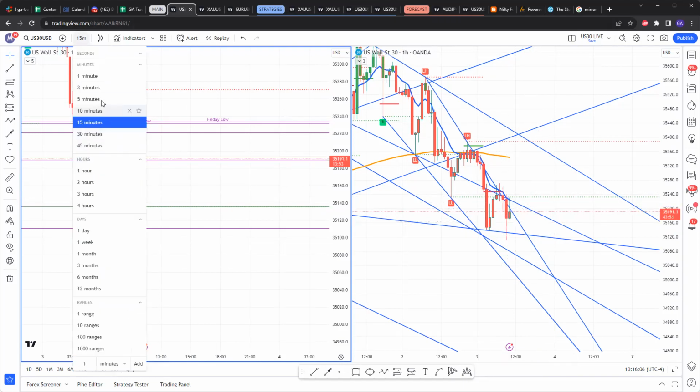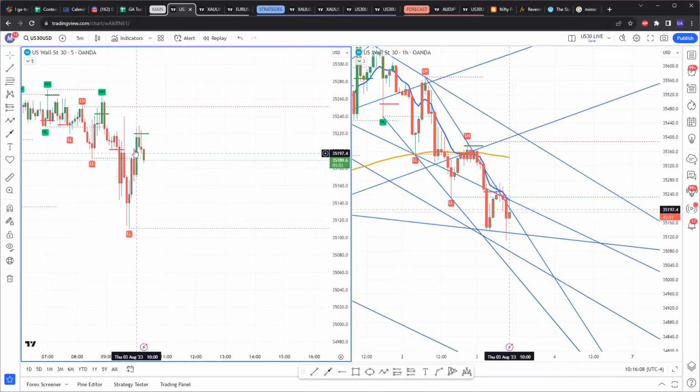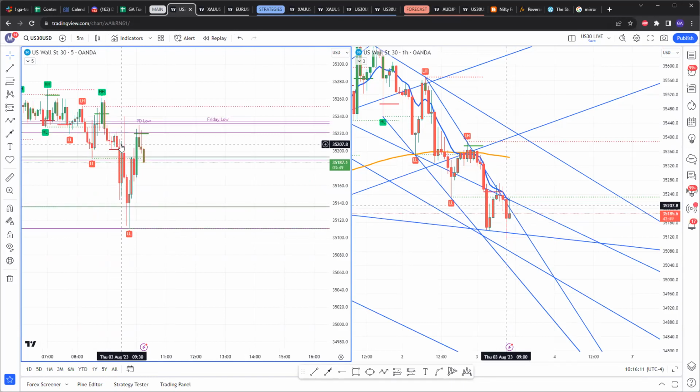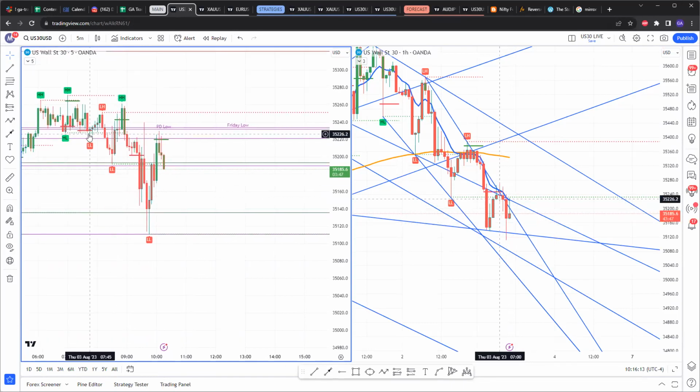Here on the 5-minute time frame, I think there was one at 9:15 somewhere. Yeah, 9:15. This sell right here was the previous parabolic sell zone. Here you had this retest, because I was waiting for a retest of that area.